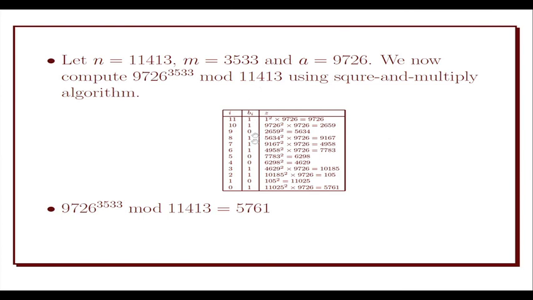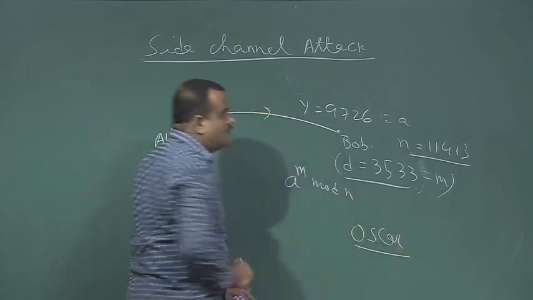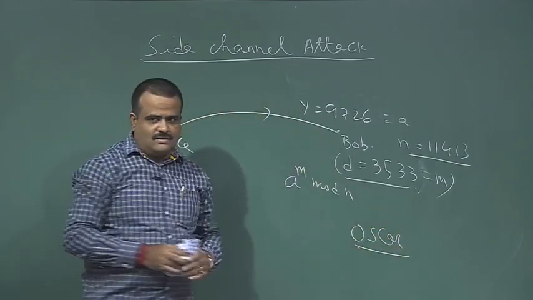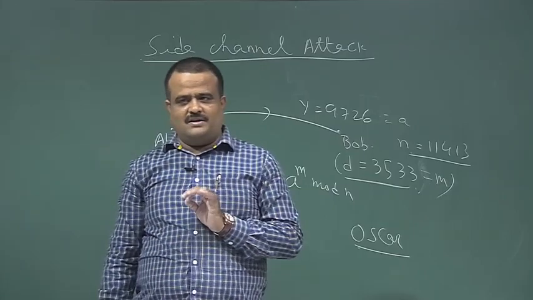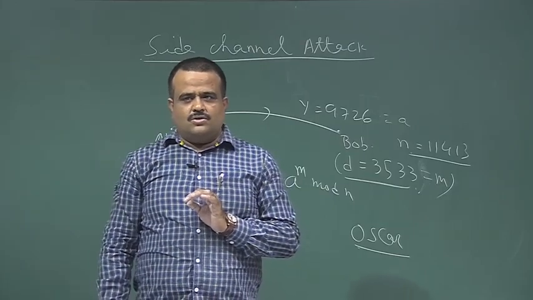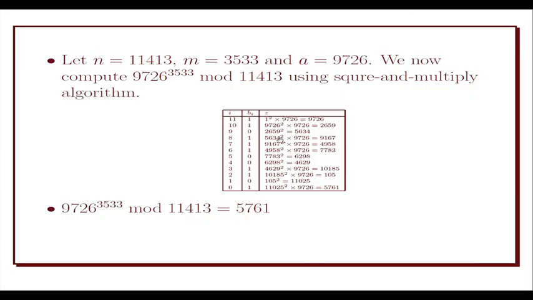If Bob executes this algorithm in Bob's machine, suppose Oscar is sitting at the side of Bob's machine, just watching its functionality. In Bob's machine this code is running, this calculation is going on.